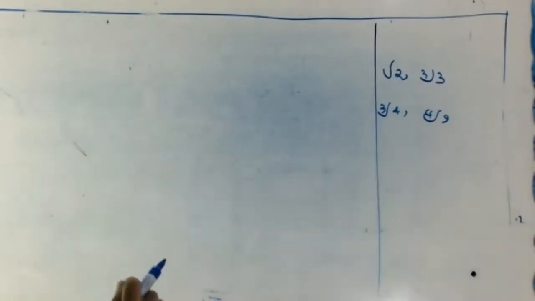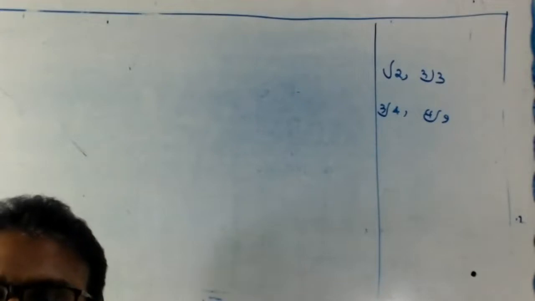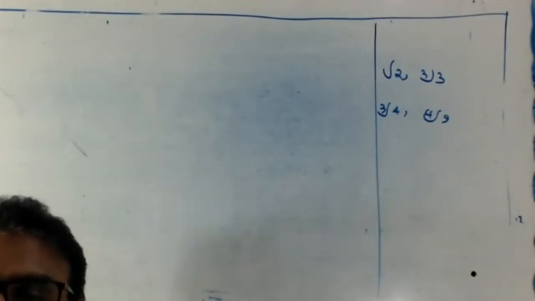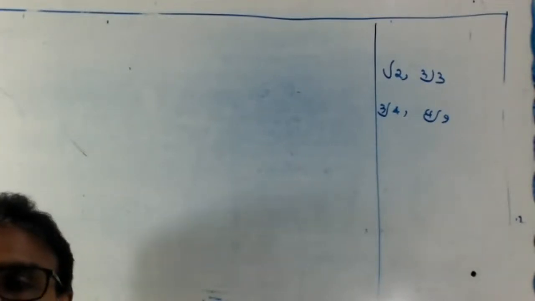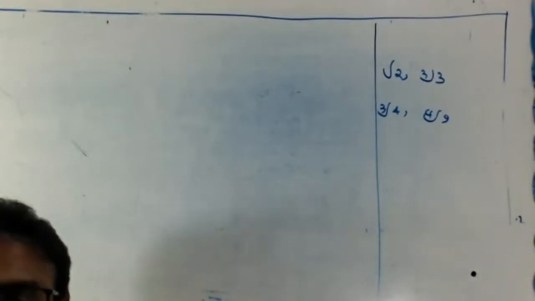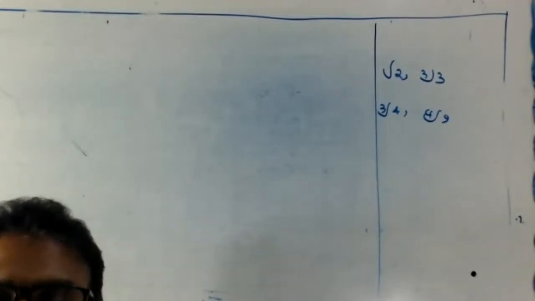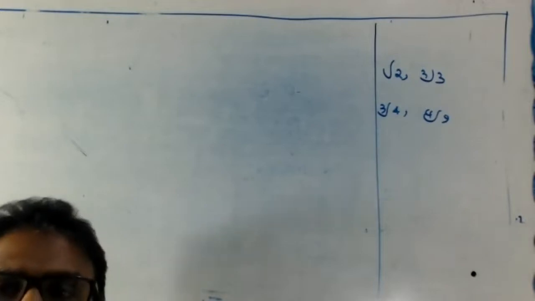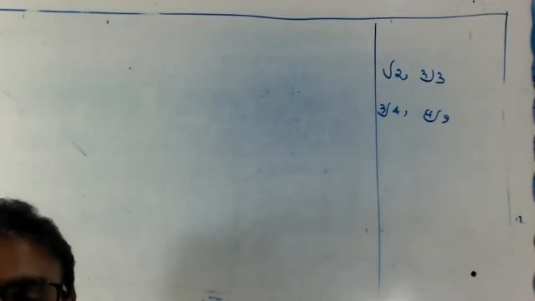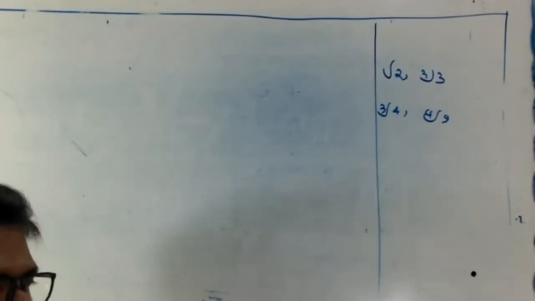Arrange in ascending order. What is the meaning of ascending order? Small to big. Okay, look here.